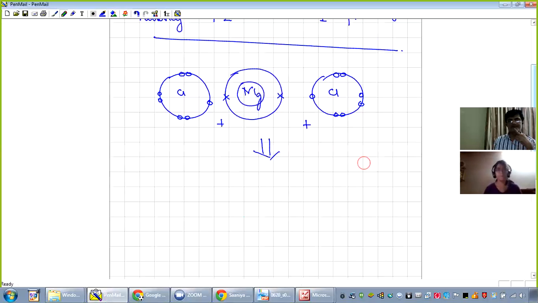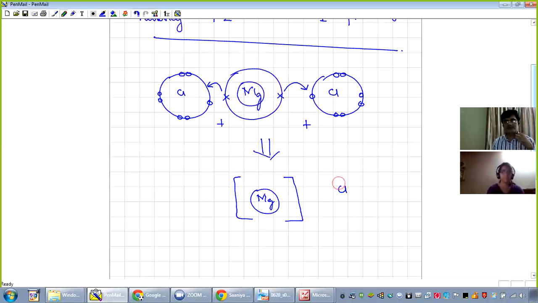Got it. How am I going to show this? You'll have to show these arrows, the electrons that are getting transferred, and then Mg. Same way I'm going to show on the other side.